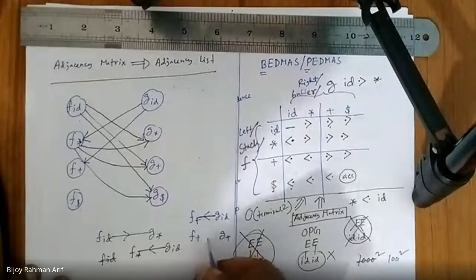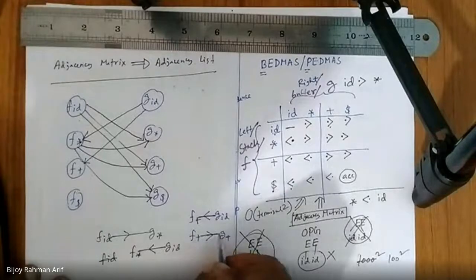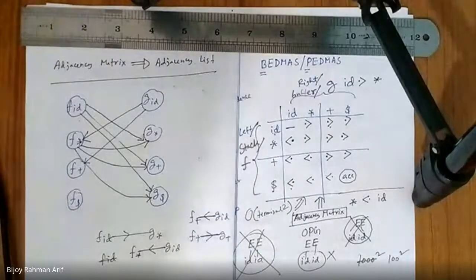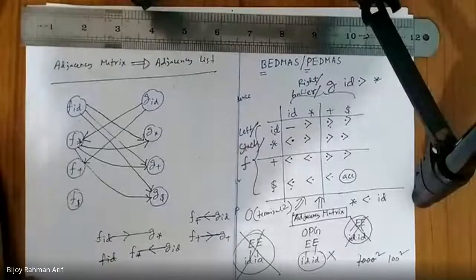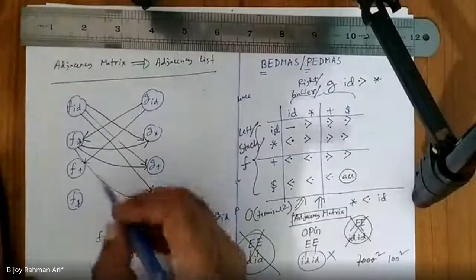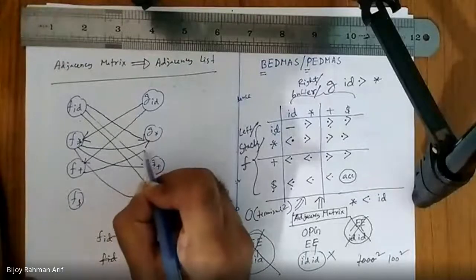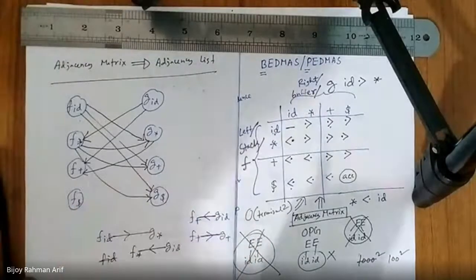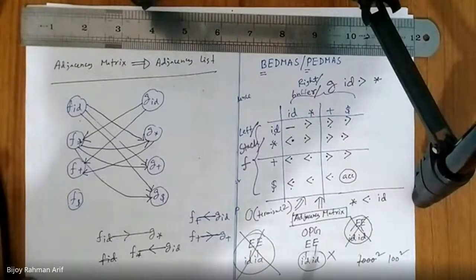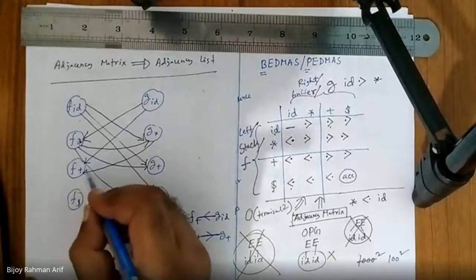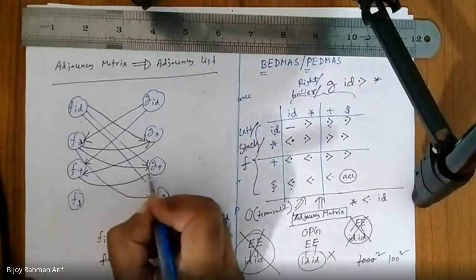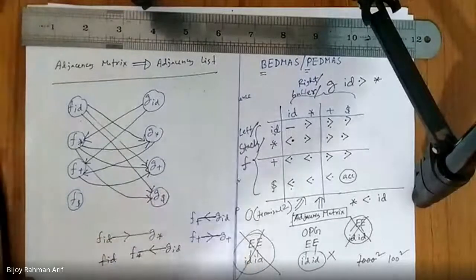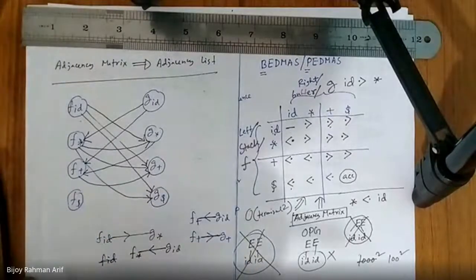Which one is bigger? This one is bigger. Then the arrow would be like this. Did you get it? Yes, sir. Then F plus and G star. Which one is bigger? This one is bigger. Then finally, this one.